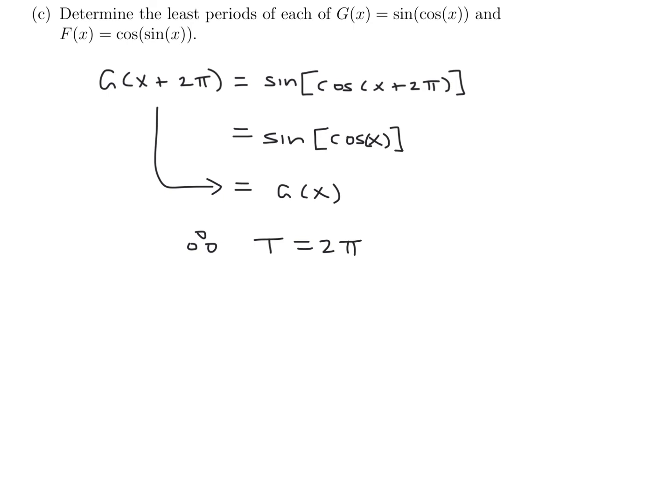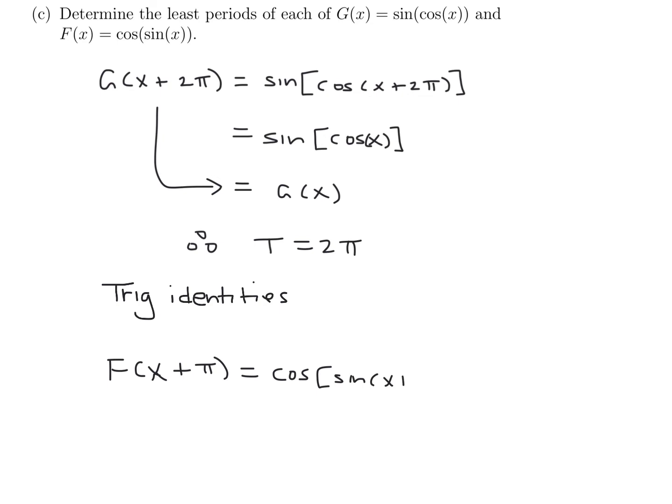And then for the next one, we're going to have to use some trigonometry identities. Fortunately, they're not the more difficult ones. So f at x, but I'm going to use pi this time. That's what's going to make it work. And then substitute it. It's the cos of sine of x plus pi, if we make that substitution. And now this is where the trig identities come in.